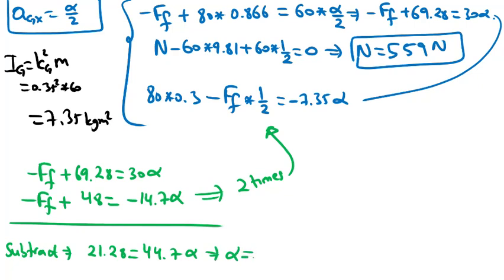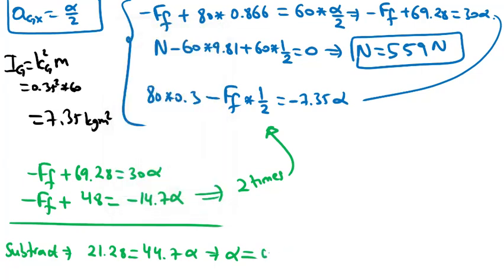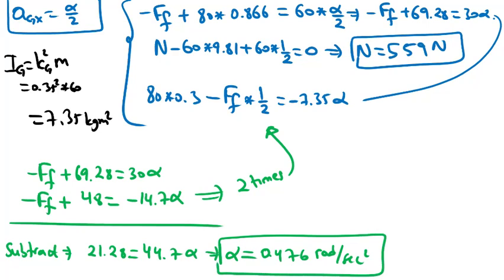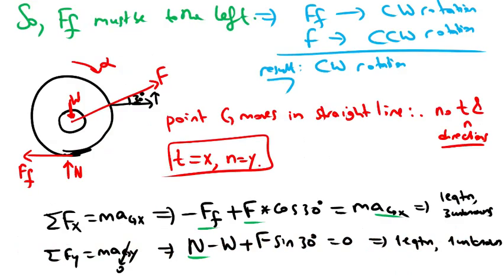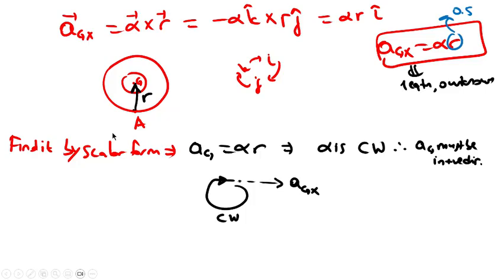From here, alpha is 21.28 by 44.7, which is 0.467 radians per second squared. Okay, and this is what the question asks. What is the alpha value? We have just found it. That's the end.